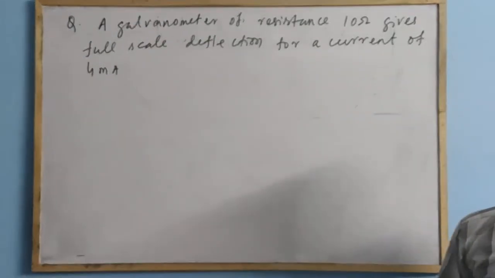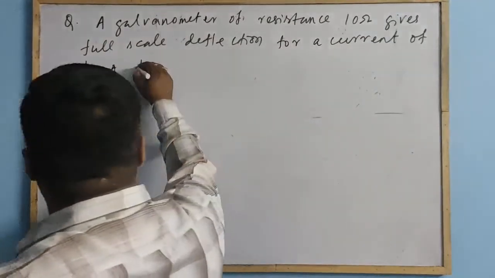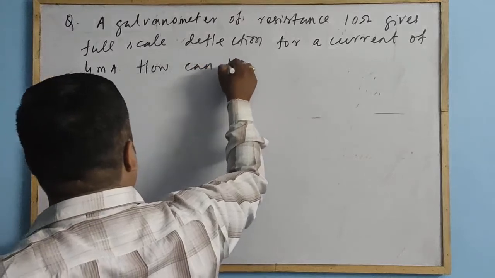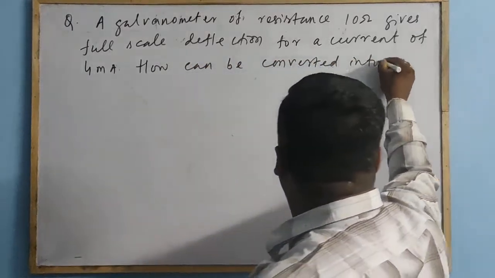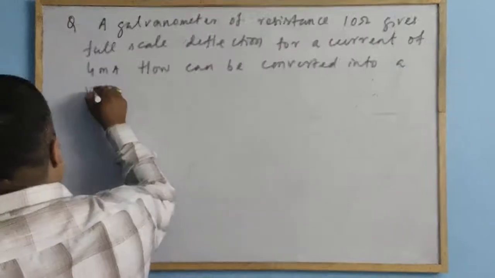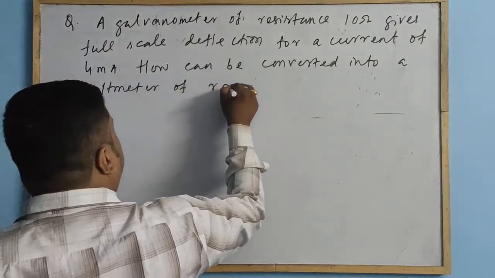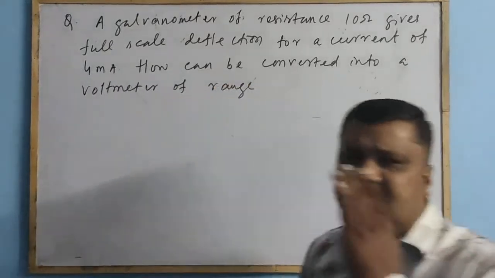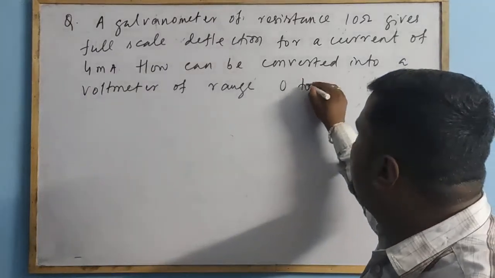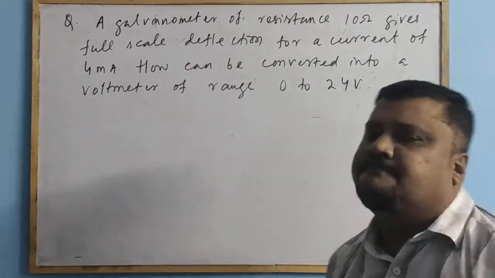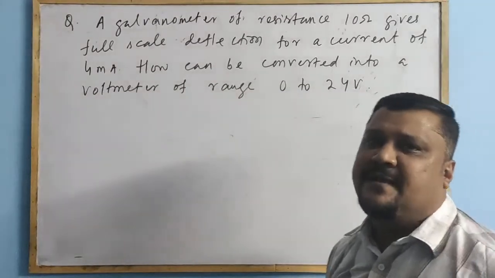Clear? How can it be converted into a voltmeter of any range? Suppose that I will take a range of 0 to 24 volt. Clear? Do the same thing.